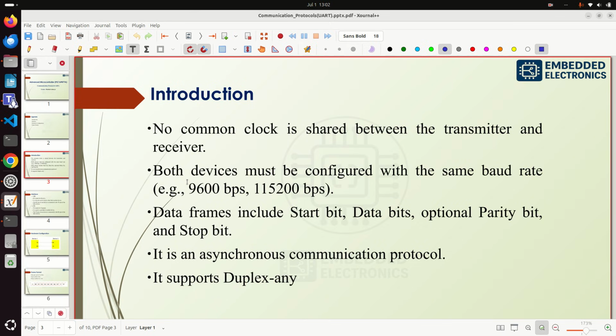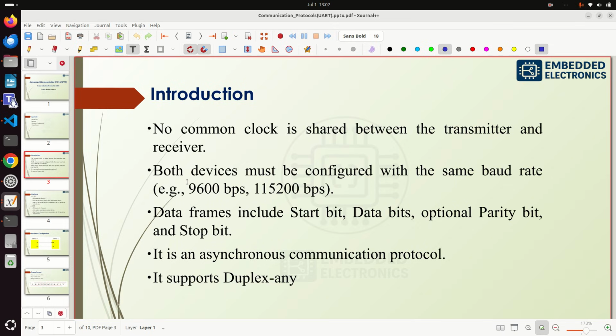And master and slave, we don't use these terms. Instead we refer to host and device. Host is the one which controls the device by sending all the commands. Usually this protocol is used for point-to-point communication.